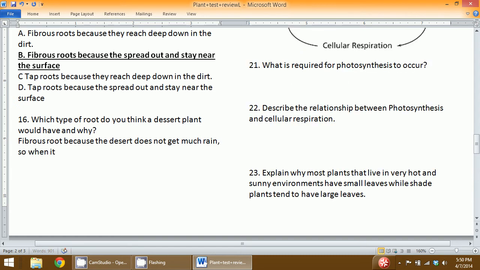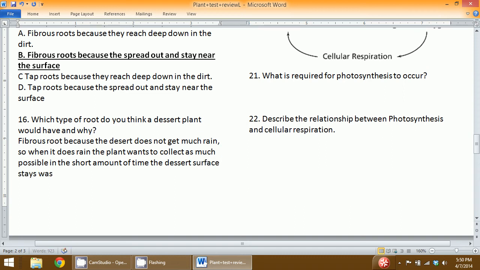So when it does rain, the plant wants to collect as much as possible in the short amount of time the desert surface stays wet. That's the goal, is before it evaporates, you want to pull it into the plants.